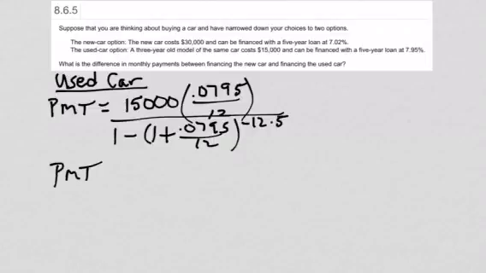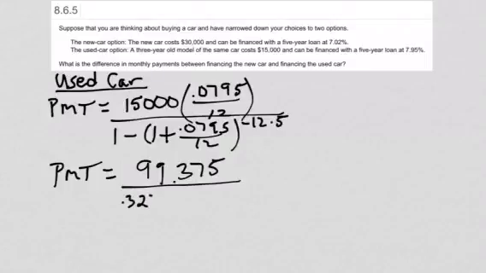Alright, so we're going to calculate this out. I'm going to do the top by itself and the bottom by itself. For the top we get 99.375. And then for the bottom we get 0.327125361.